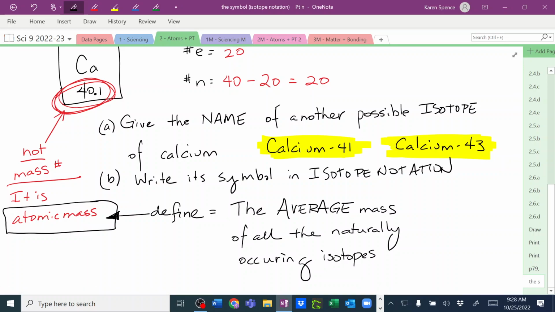That's why you have numbers like 0.1, right? Because you can't have a mass number where there's 0.1, because you'll never have 0.1 of a proton or 0.1 of a neutron. And mass number is where you add the protons and the neutrons. But when we take an average of all the masses of all the different isotopes, we can end up with a decimal number, okay?